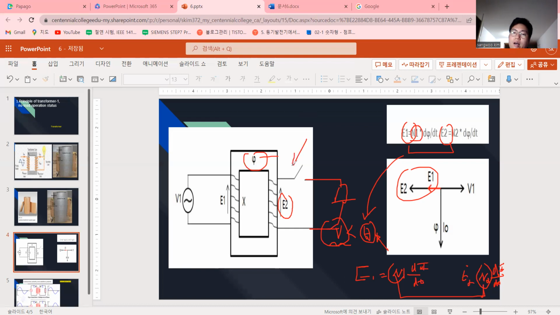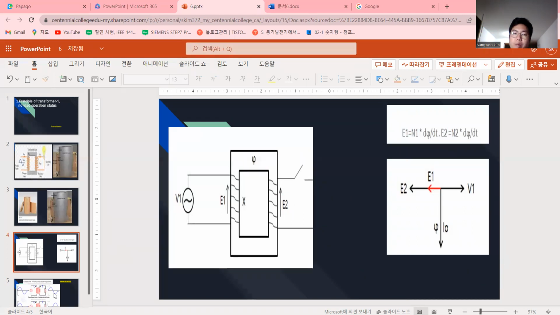You may think E2 is not induced, but actually it is induced. It's just that the current is not flowing, but E2 is induced here. The potential energy is here because of Lenz's law, you know what I mean? Yeah, that's kind of amazing.